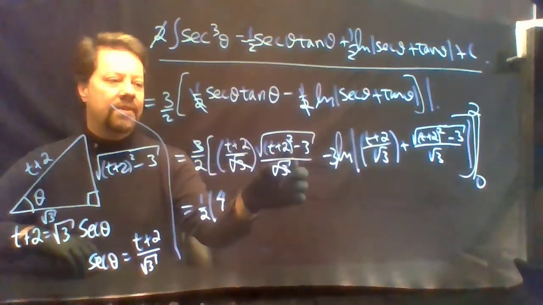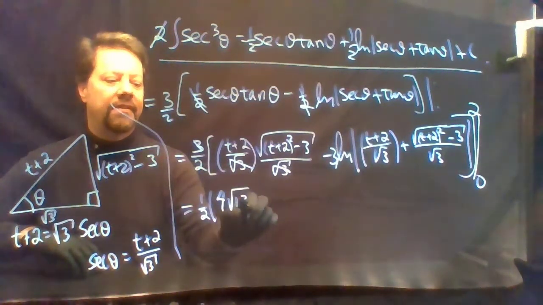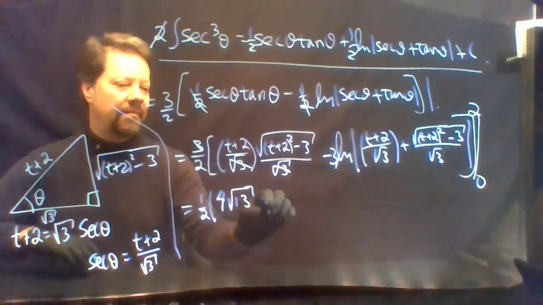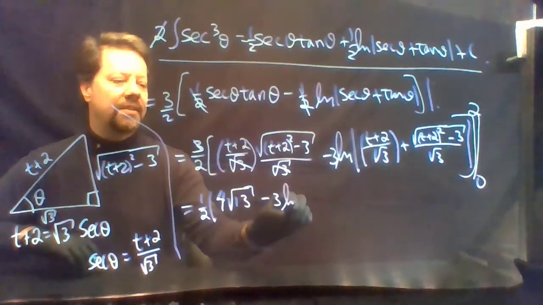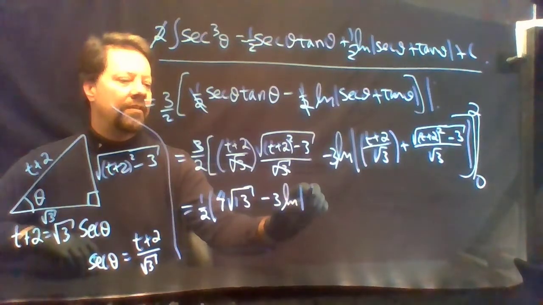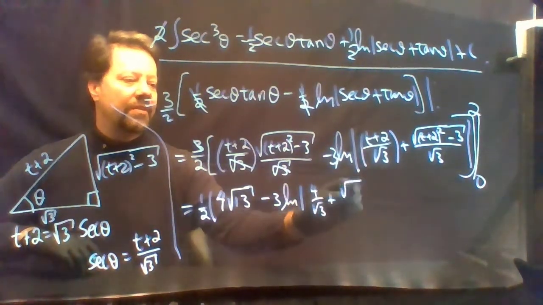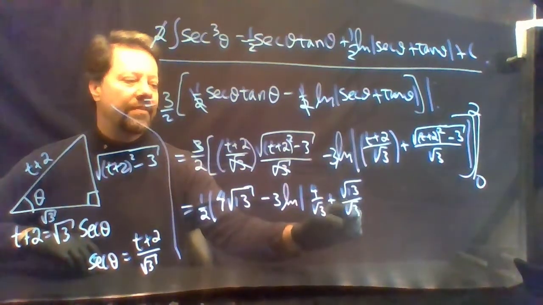We'll have 4 squared, that's 16, minus 3, that's the square root of 13. Minus 3 times the log, we're going to have 4 over root 3 plus square root of 13 over root 3.